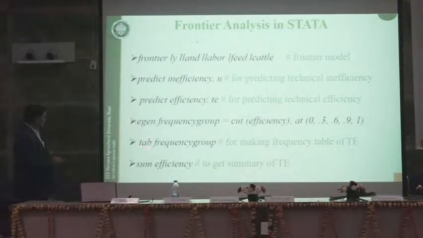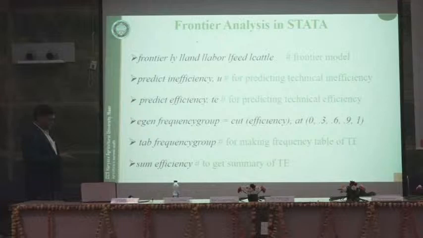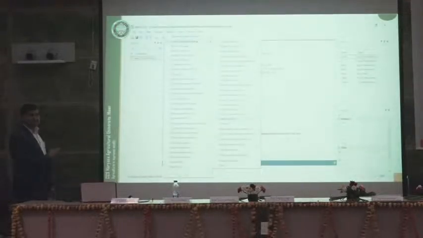Then the subsequent command tab is for the tabulation of this group, and then summarize, the summary of efficiency. You will get the summary: mean, standard deviation, and average efficiency. Okay, so now these are the steps.